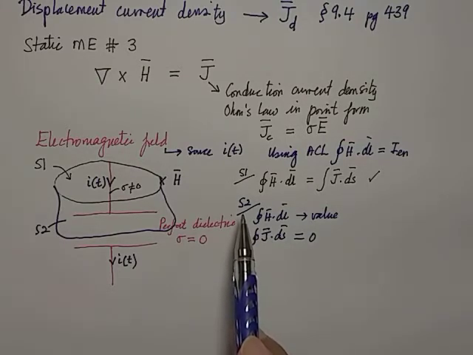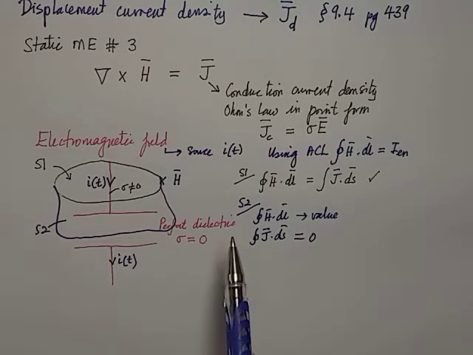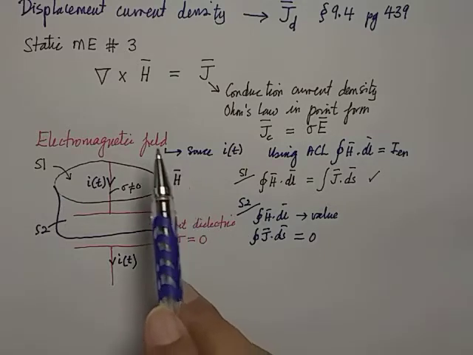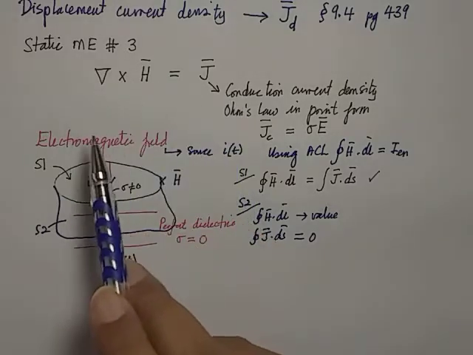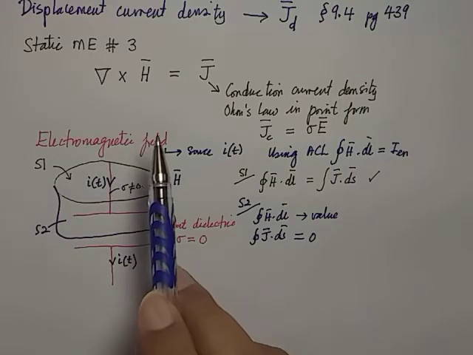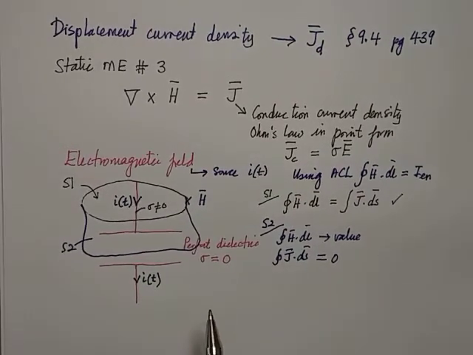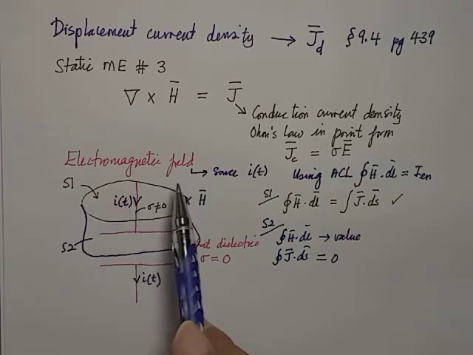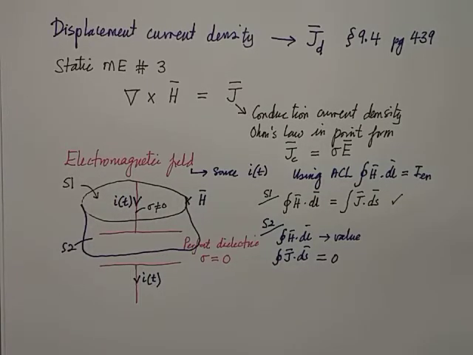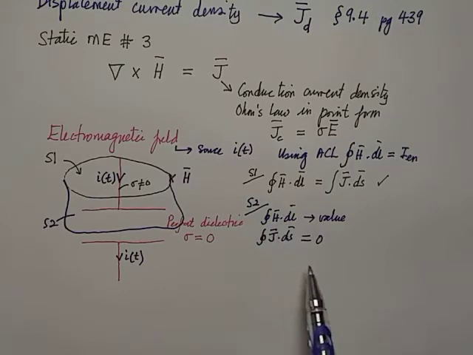Okay? So this is what made Maxwell feel a bit worried, because he found that this equation that had been proposed, which is valid in the world of static field, will not be applicable in the world of electromagnetic field. Why? Because these values are not agreeable.